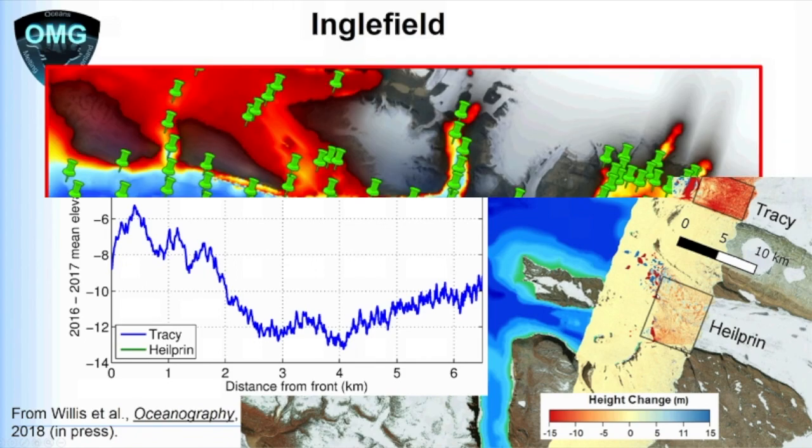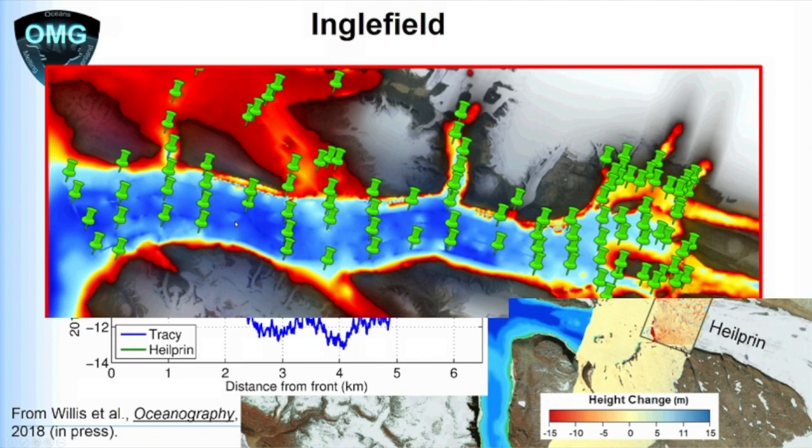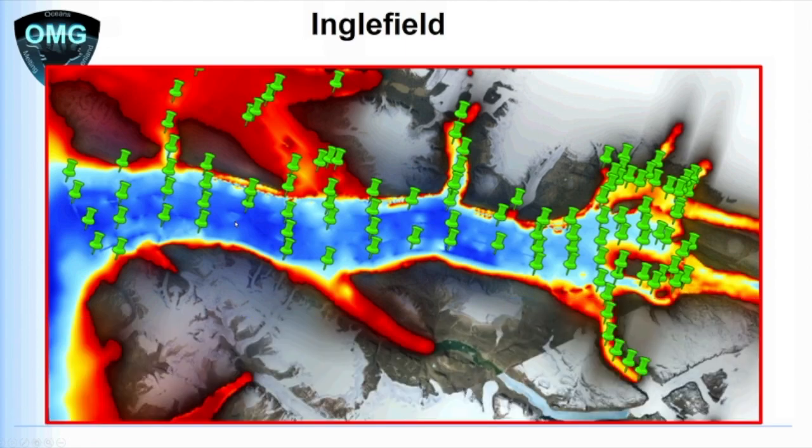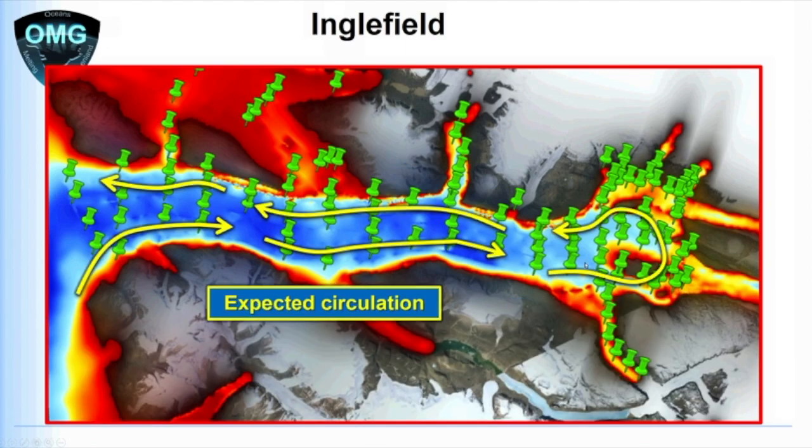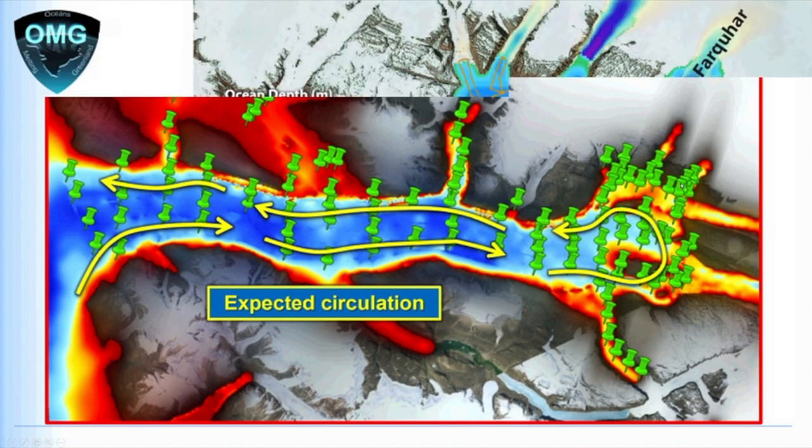And so we looked at the oceanographic data. There were a lot of CTDs collected in this fjord, and we found that the ocean circulation travels in this counterclockwise pattern, water coming in along the southern edge, circulating past the two glaciers, and then heading back out.